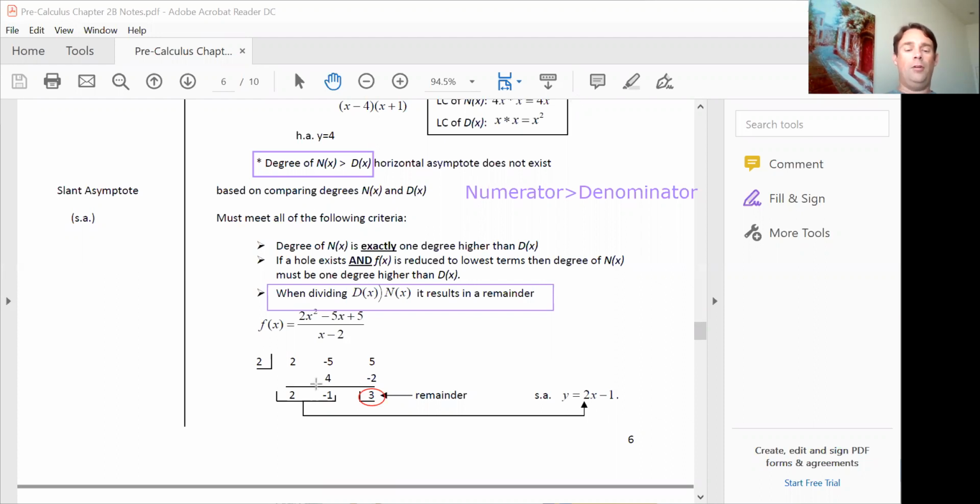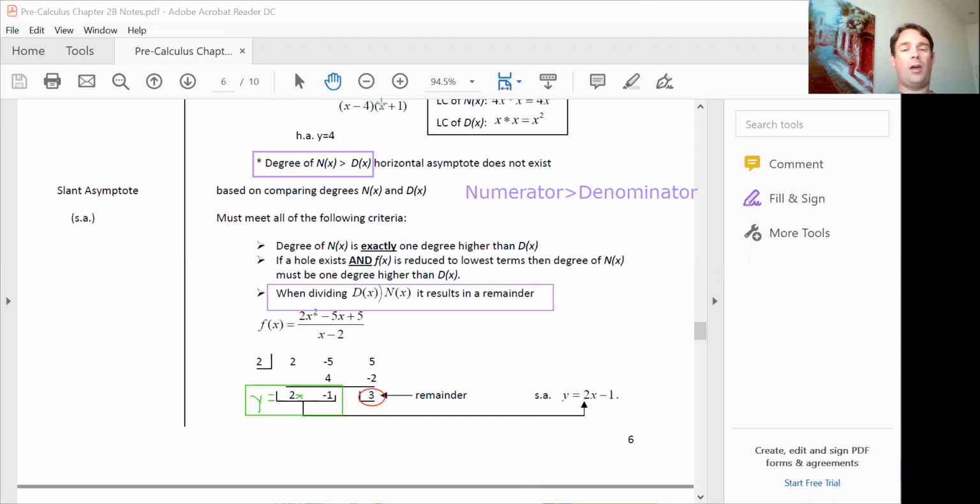Well, if we end up with a remainder, that means I'm going to end up with some other part, 2x minus 1. Remember, if my degree is 2, when I write the result here, I get x, so 2x minus 1. It means that I'm never going to reach that expression y equals 2x minus 1. And again, we're going to see all this here in a second to help it make a little sense. Because I have a remainder, I'm never going to reach it, so that would end up being a slant asymptote.